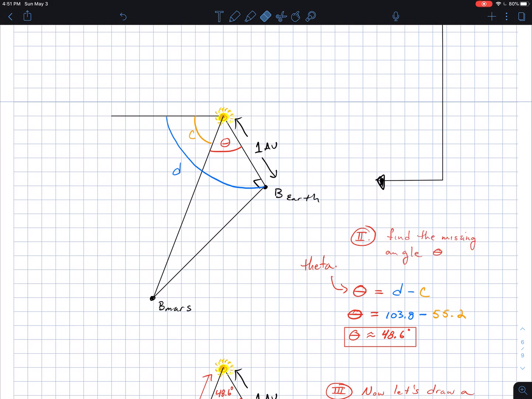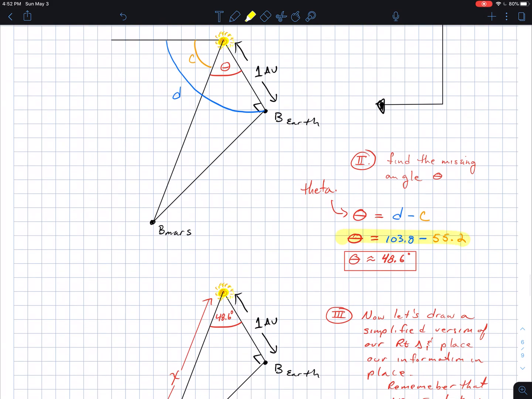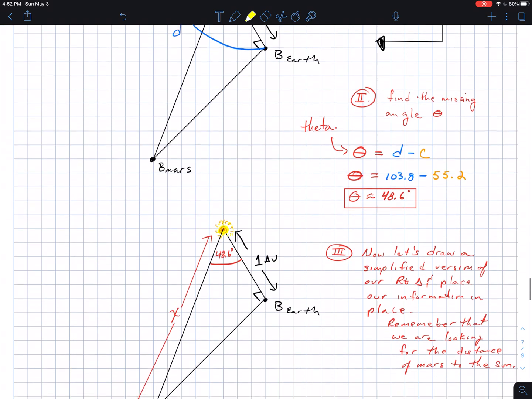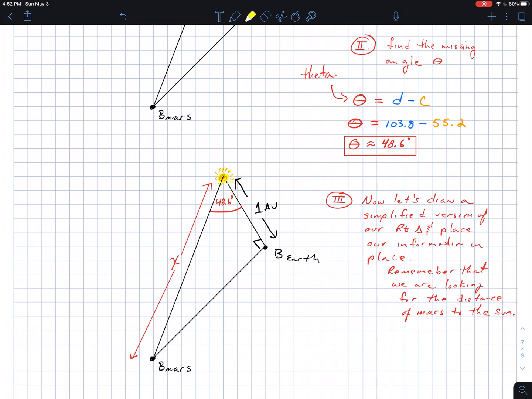What I know is that angle D is much bigger than angle C. So if I want to find theta, all I have to do is subtract C from D. That gives us angle theta, and that's exactly what I did down here. And I gave the approximation to the tenths because that's what they were giving it in before. So, I'm not going to talk about significant figures. That's for another class.